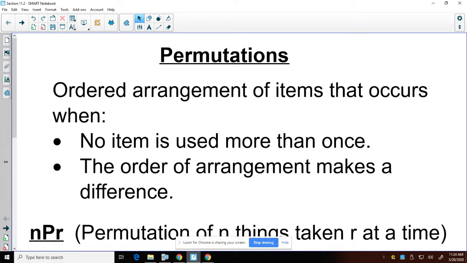Right here you've got the definition of permutations, and it's going to deal with one group only. So maybe we just want to do something with main courses or things like that. Or, another example, say we have a group of people and we want to elect someone out of them.